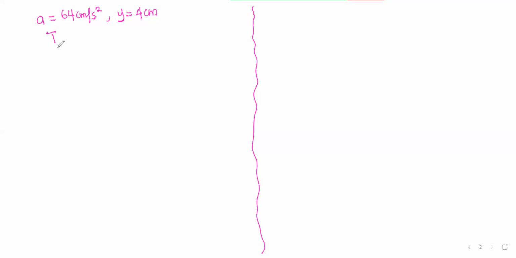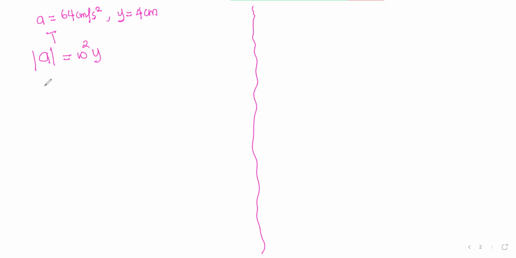So, the magnitude of acceleration of a body executing simple harmonic motion is equal to the square of the angular velocity times the displacement.